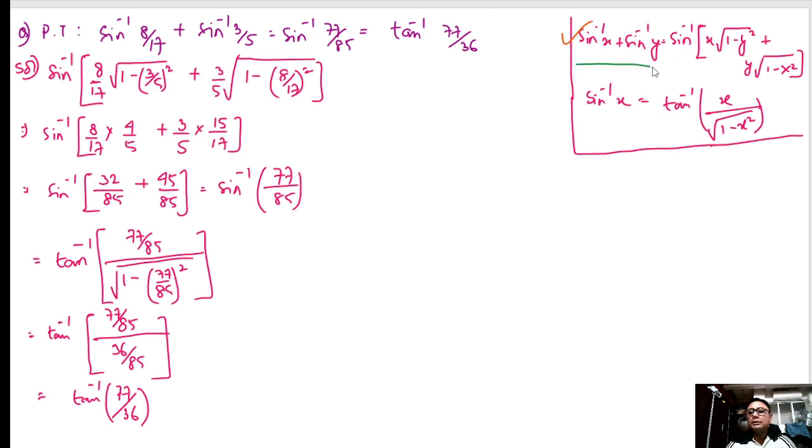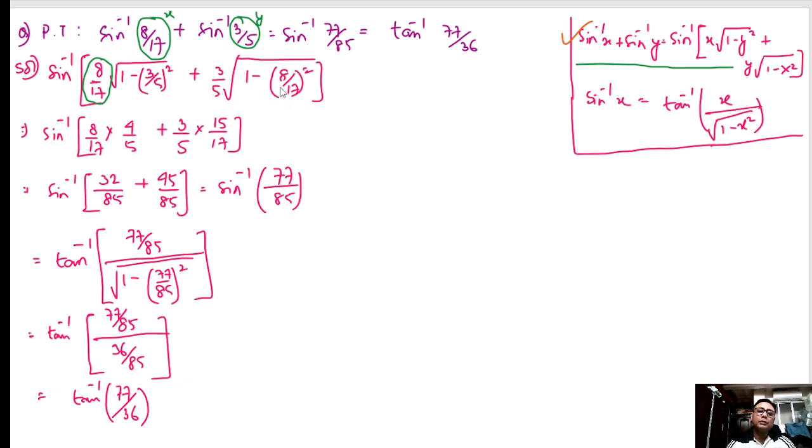What is the formula? Sine inverse of x root over 1 minus y square plus y root over 1 minus x square. This is my x and this is my y. So here we are using the formula.